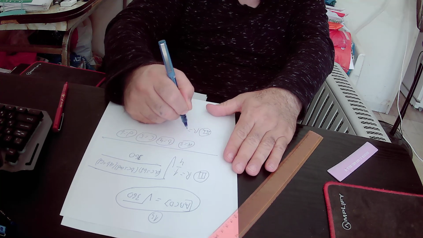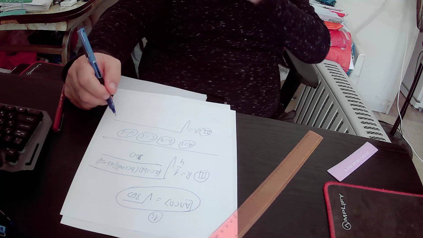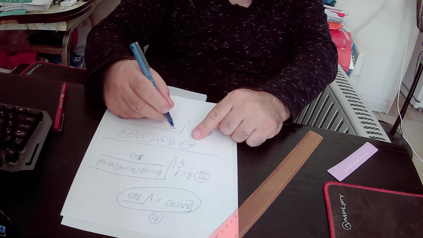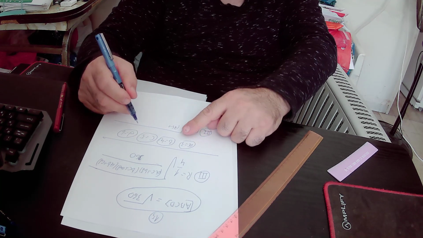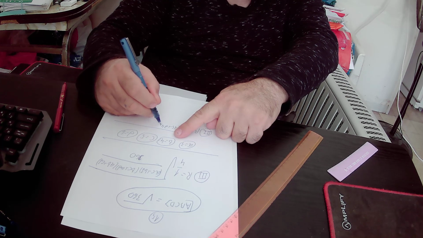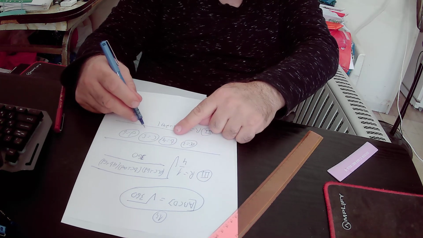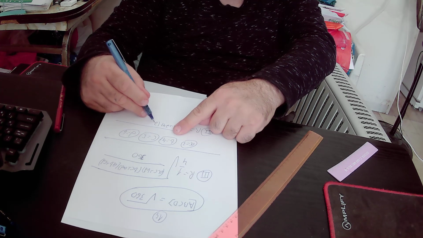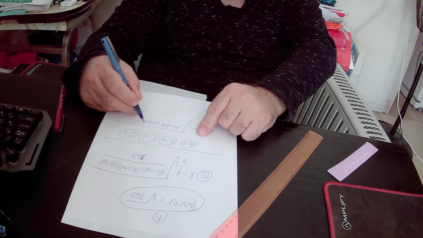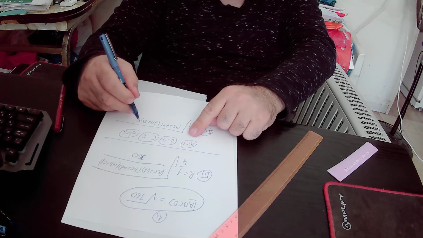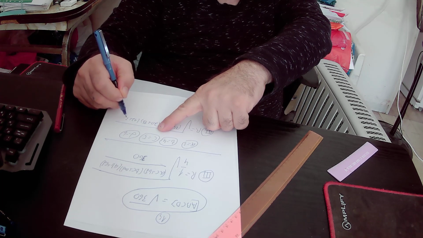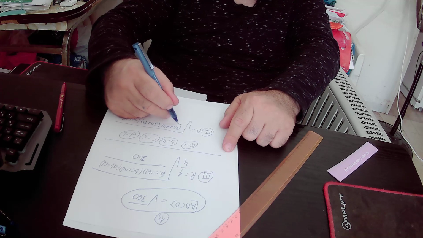The radius will be equal to the root of AC is 3 times 5, 15, plus BD is 4 times 6 is 24, times BC is 4 times 5 is 20, plus AD is 3 times 6 is 18, times AB is 3 times 4 is 12, plus CD is 5 times 6 is 30, over 360.